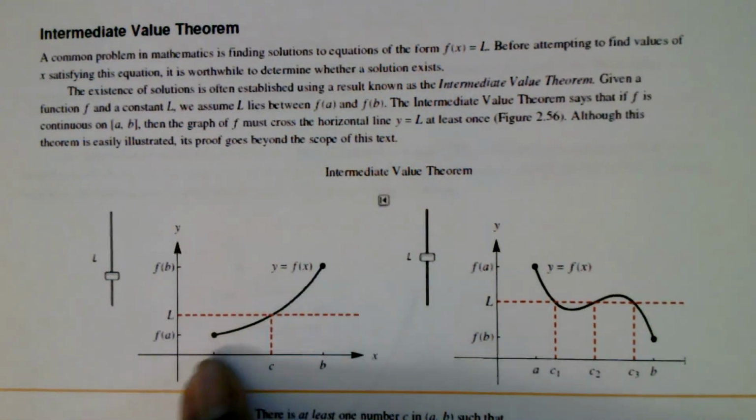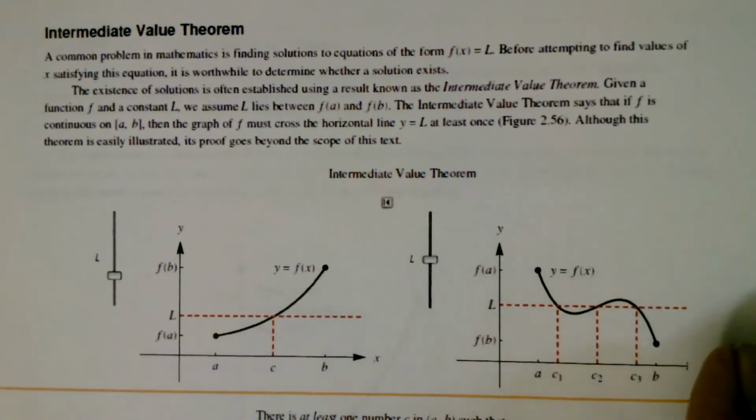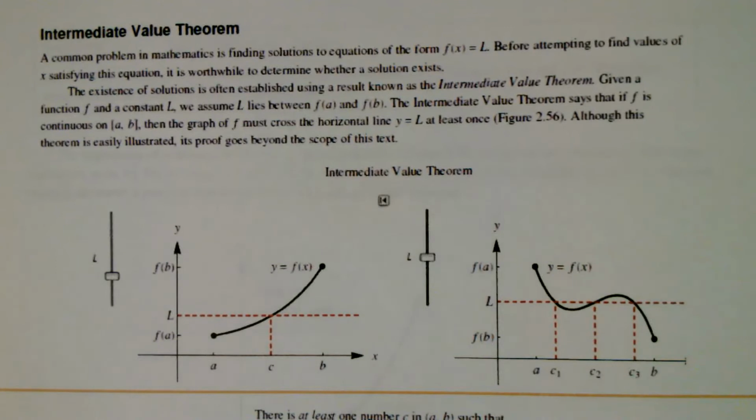It has to cross the horizontal line y equals L at least once. Although this theorem is easily illustrated, its proof goes beyond the scope of this text and beyond the scope of this course.